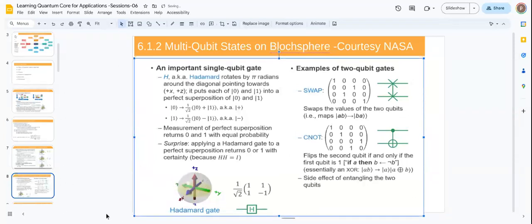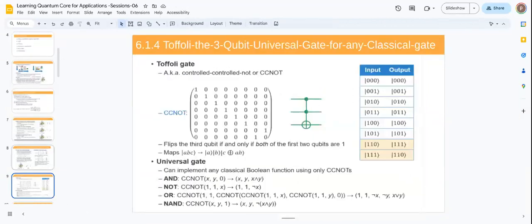So with that, I'll move on to the next one, and this is the Toffoli gate. First, before even talking about any gate, how many qubits is this? 1, 2, 3. So this is a 3-qubit gate. CNOT we saw. So control of knot with 3 qubits is a Toffoli gate.